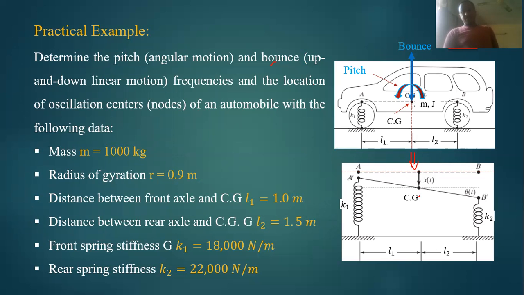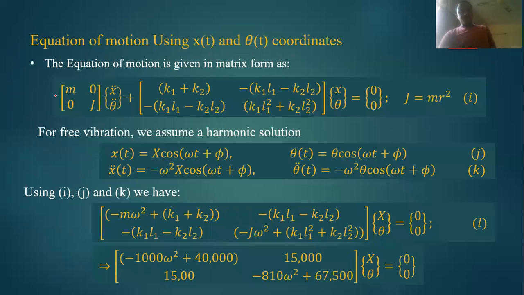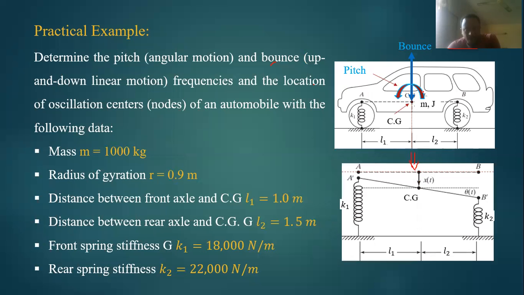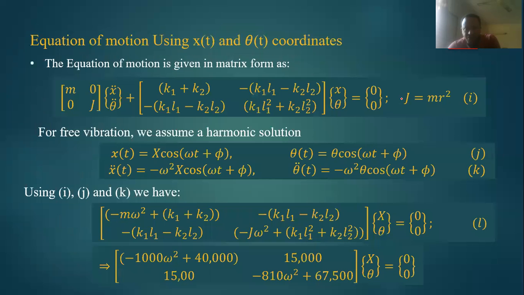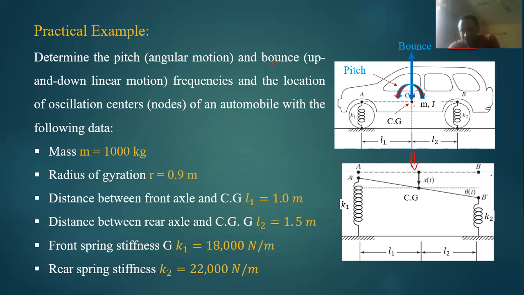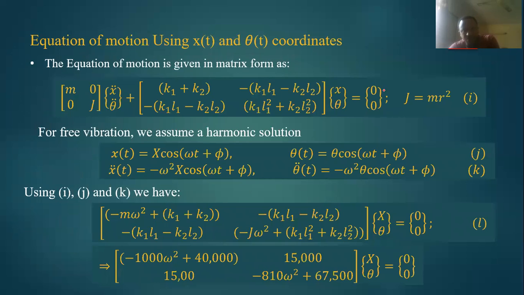If we directly consider the CG, then we have this type of relation, and this part is neglected, it is 0. This is the general form of the equation, and we didn't consider any external force. So what we are considering is free vibration. If we considered some external force, we would have that part, but it is 0 here.